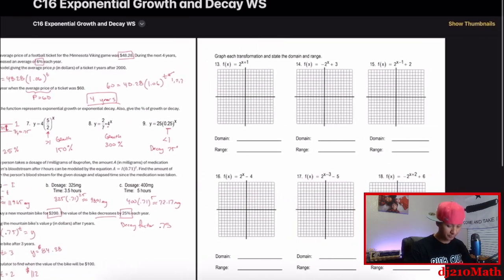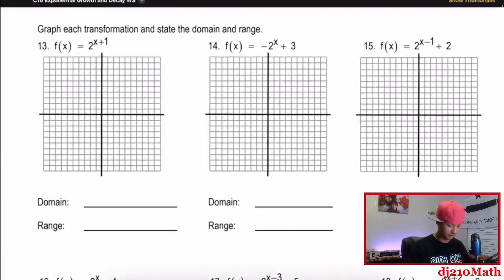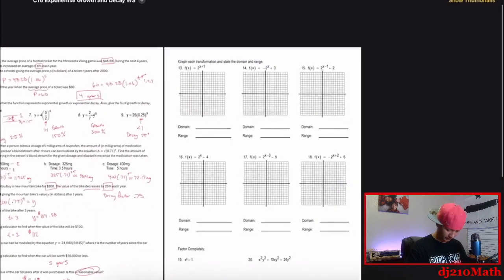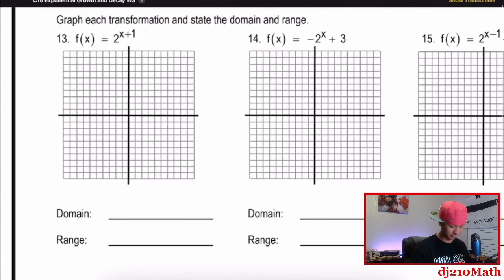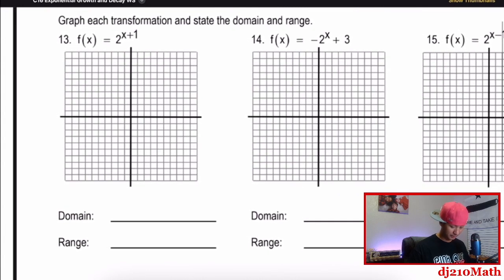Got a couple graphing ones, and then we'll call it a day. So all of these are going to be 2 to the x. That's what the parent function is going to look like, 2 to the x. So let's recall what 2 to the x will look like, so I'll do the parent function once in black.